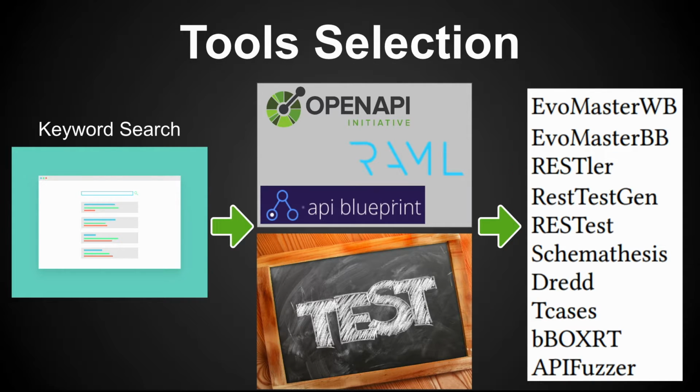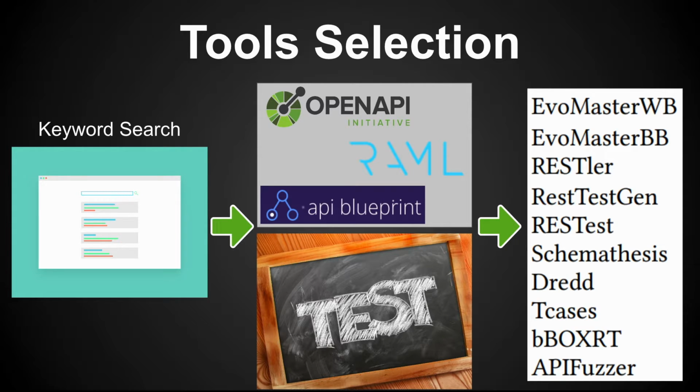We searched for REST API related papers published since 2011 in top venues in software engineering, security, and web technologies. We identified relevant papers via keyword search using the terms REST, API, and test, and checked citations in the identified papers.